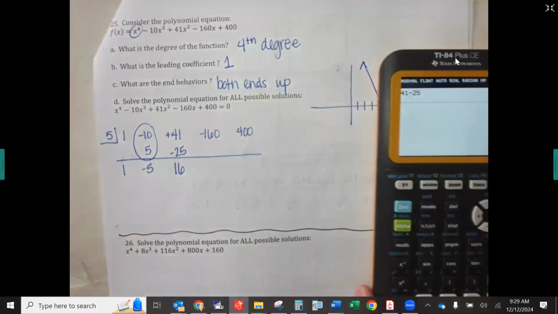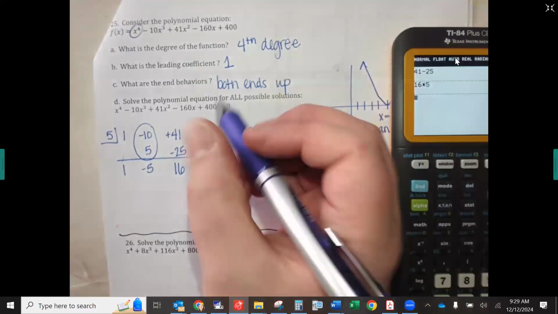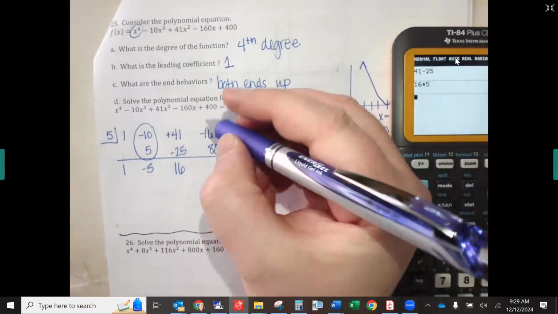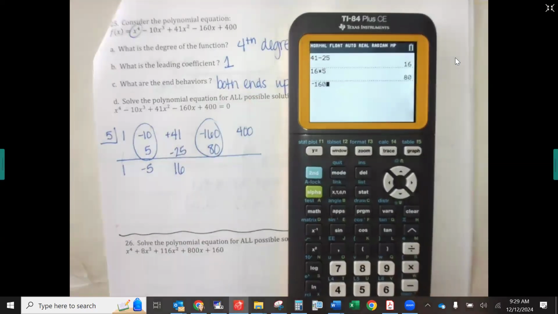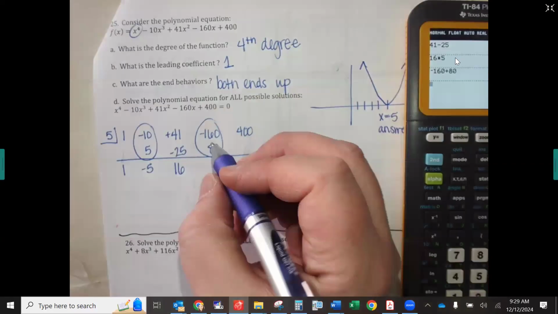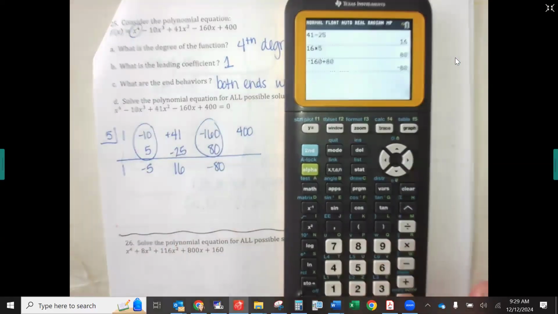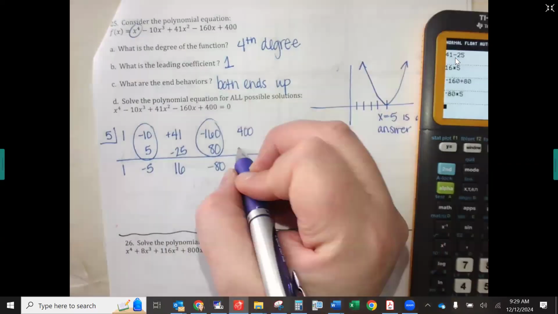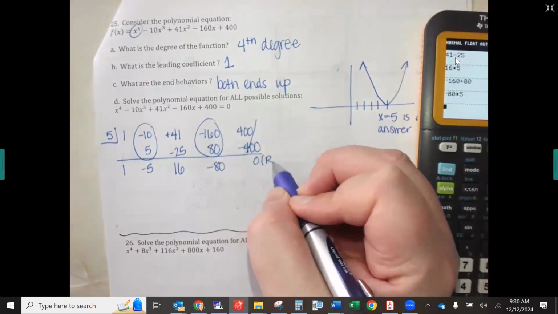Then what do I do with the 16? 16 times 5 gives me 80. Then I'm going to combine these two together. What's negative 160 plus 80? Negative 80, very good. And then negative 80 times 5 is negative 400, which gives me a remainder of 0.